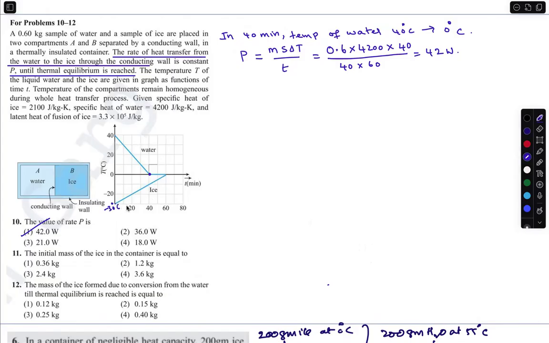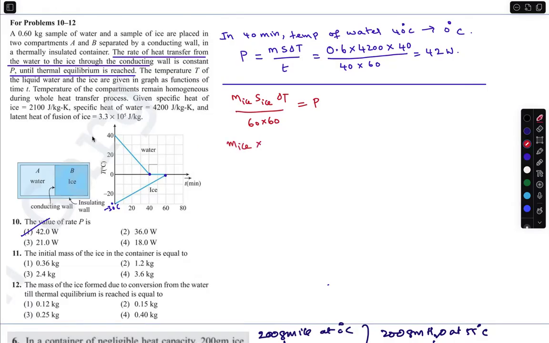And in 60 minutes, it has come down to 0 degrees centigrade. Following from here, I can write mass of ice, specific heat of ice, temperature difference by 60 into 60 is the same power. So mass of the ice is what you want.